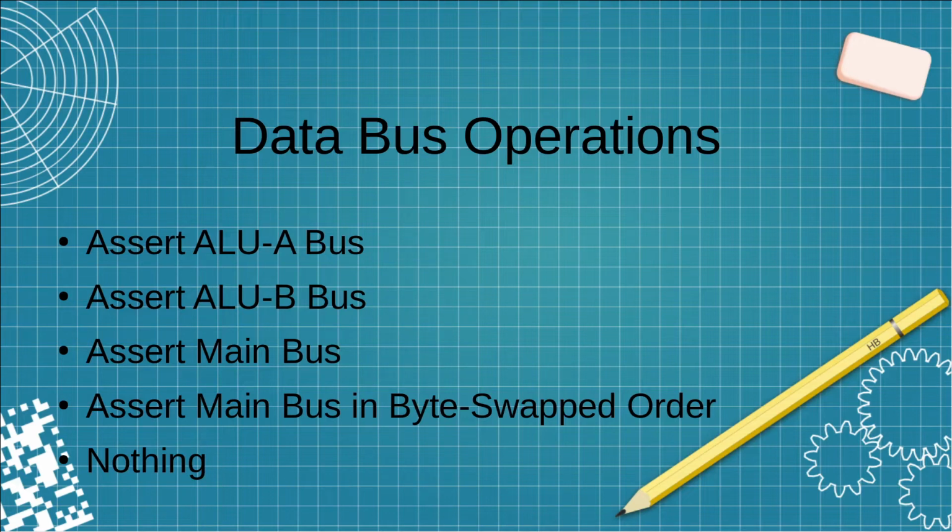Potentially we could assert also to the main bus. And we can assert to the main bus in byte swapped order. Now we don't want to do those last two concurrently because they are mutually exclusive, but we do want to make sure that we are allowing something to go to the main bus or the main bus in byte swapped order. And then again, there's a do nothing with the data bus.